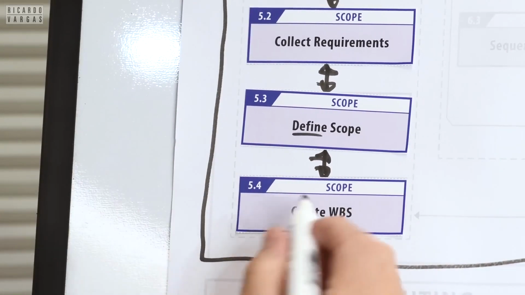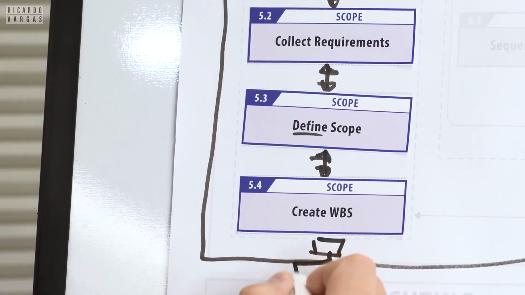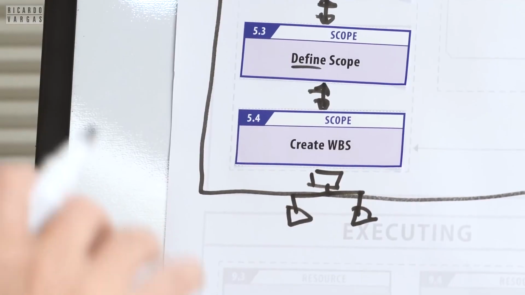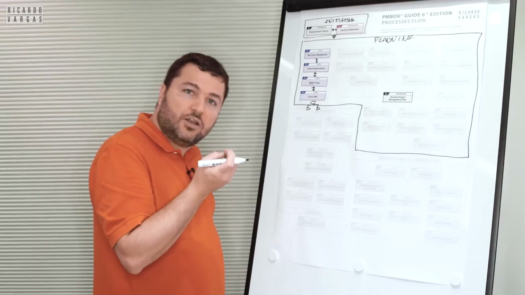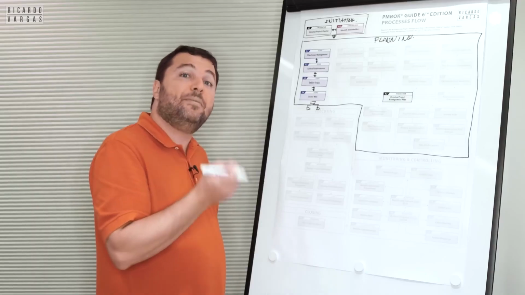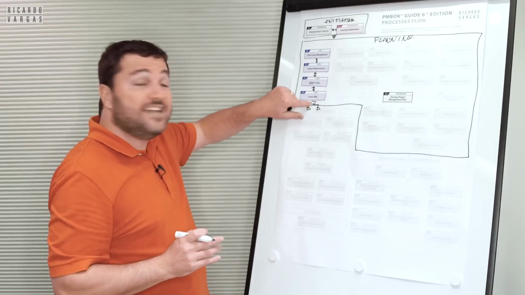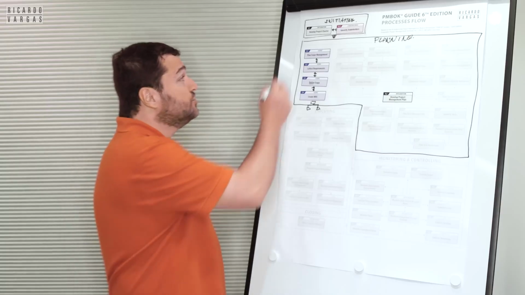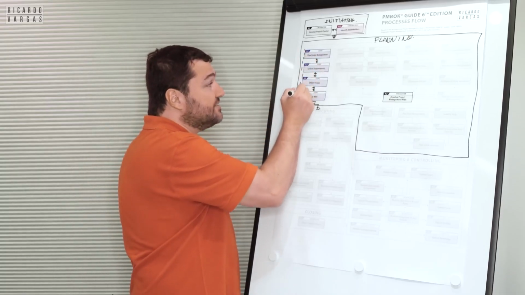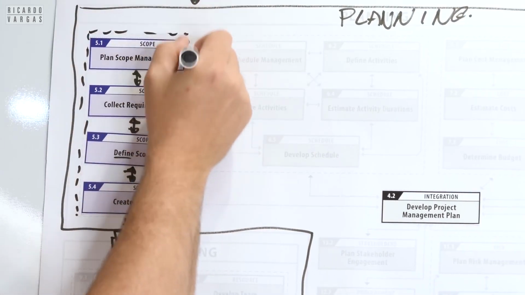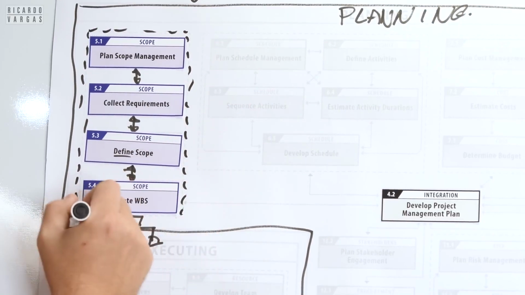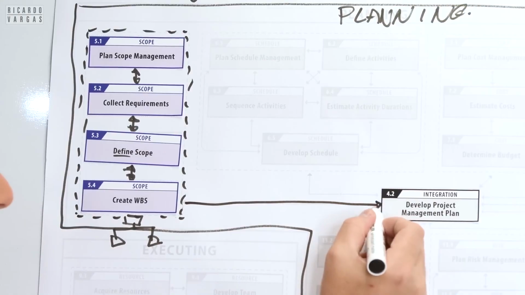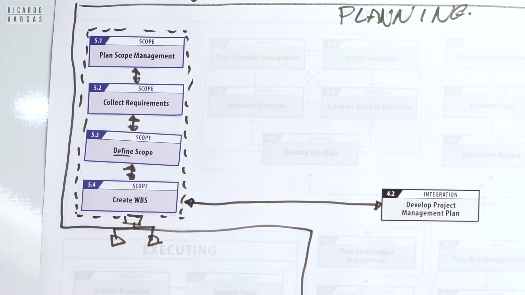Remember, the WBS looks like an org chart where you split your project and break it into smaller, much more manageable pieces of work. I love this, and I think that the WBS is the tool to manage the scope. So these 4 processes are things you need to do to deliver your work. And this will be a piece of your project plan.